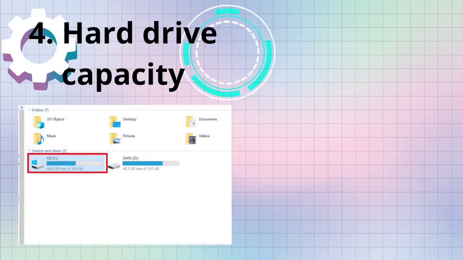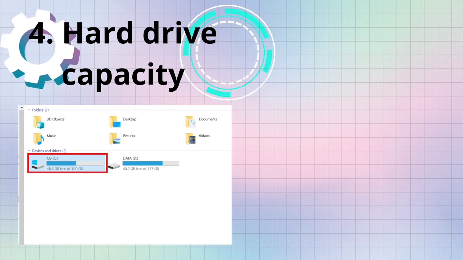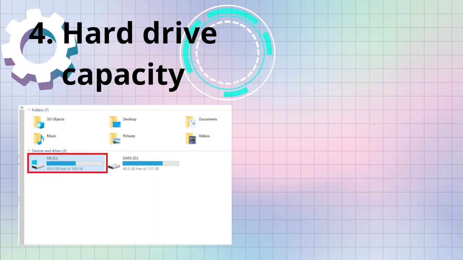Hard drive capacity. To better explain the function of byte as a unit used to store data in the computer, we can look at the hard drive capacity in the computer.